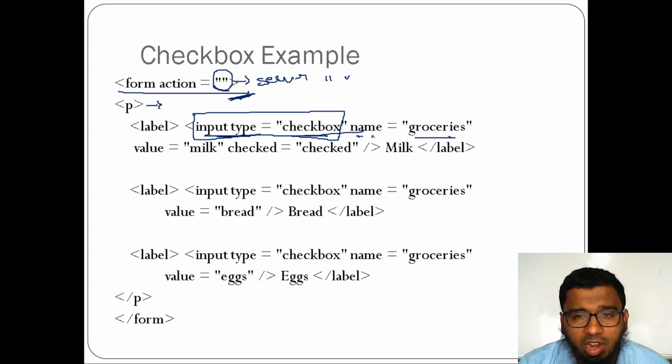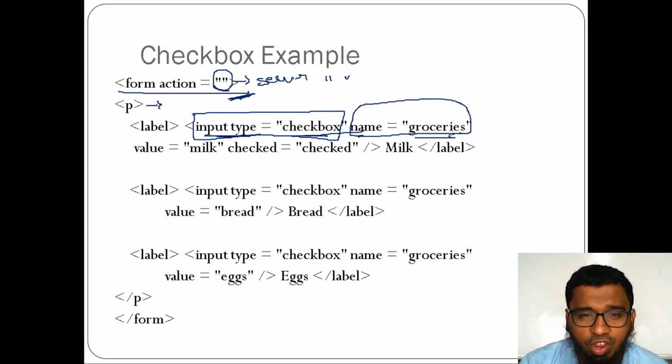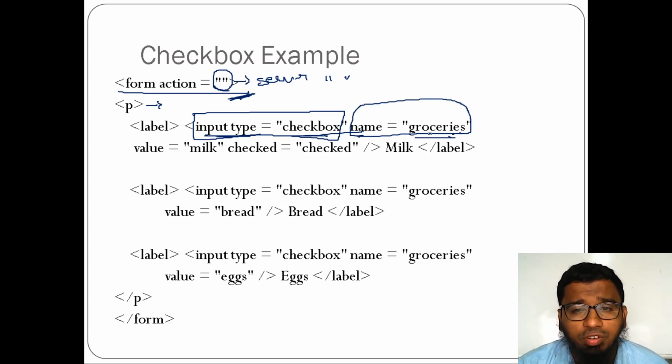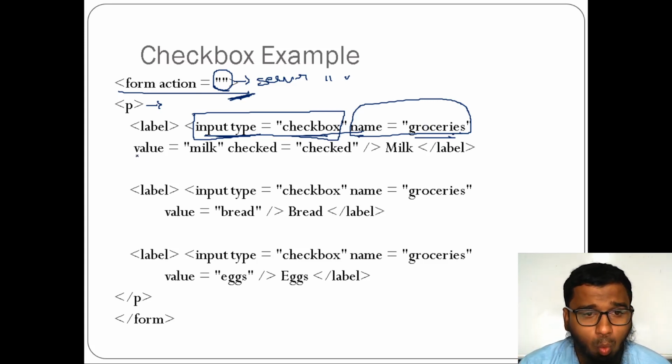And what is the name? Name is grocery. I am defining the name for easy identification, okay. Name is equal to grocery. So I am writing the code for the grocery. Value, what is a value?